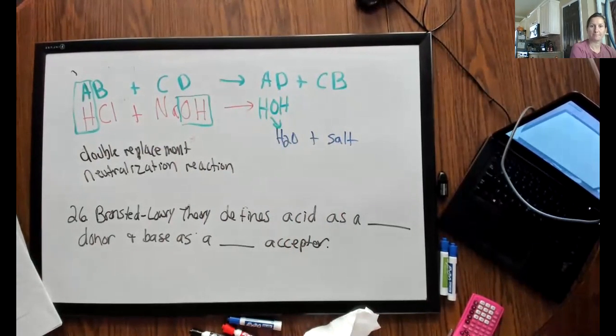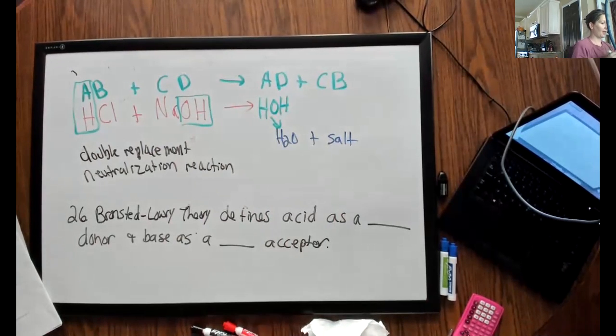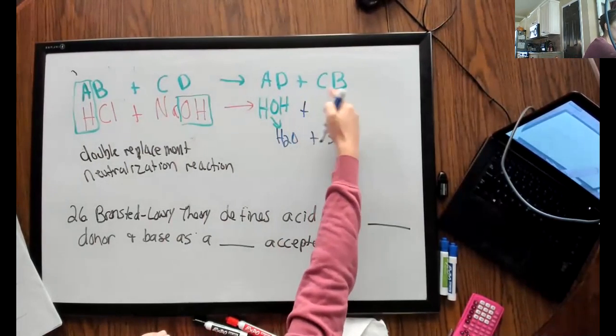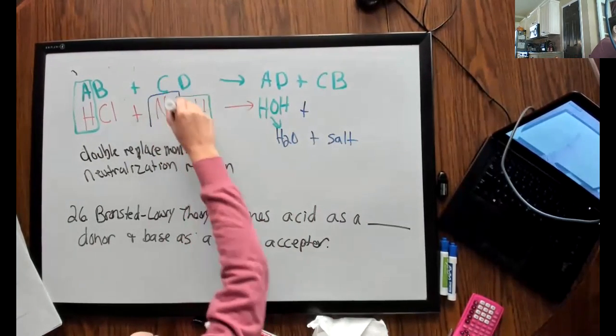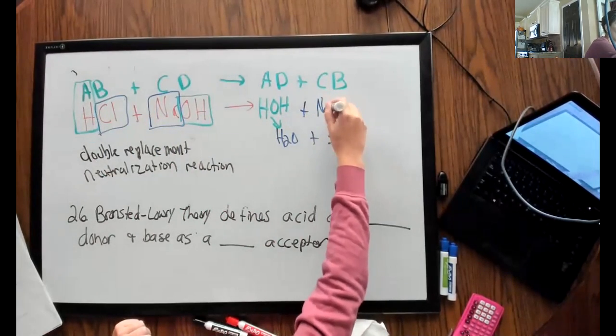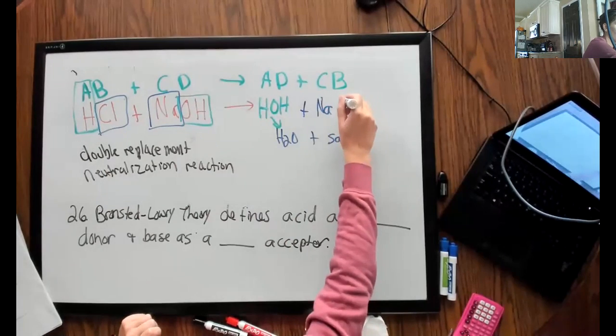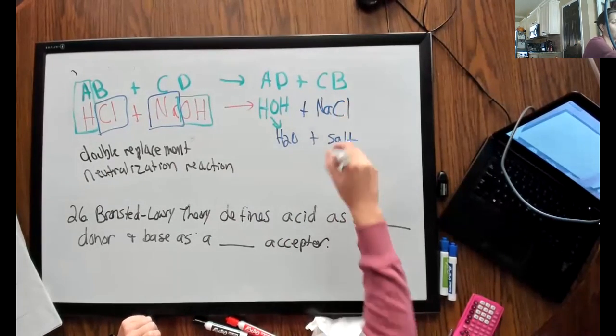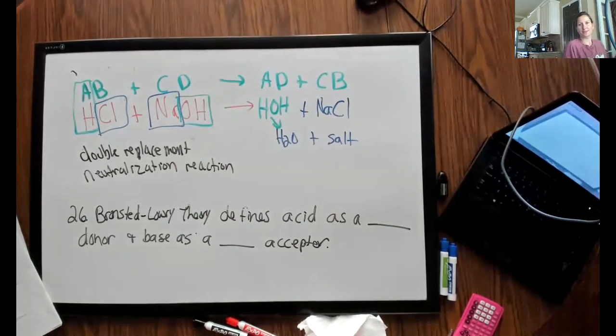So that's how I get that product. Let's look at the salt portion. We said we're going to put C with B. Well, C is sodium, B is chlorine. The metal portion comes first always, and then Cl. So NaCl, what is that? Table salt. So water and a salt. Neutralization reaction, acid with a base.